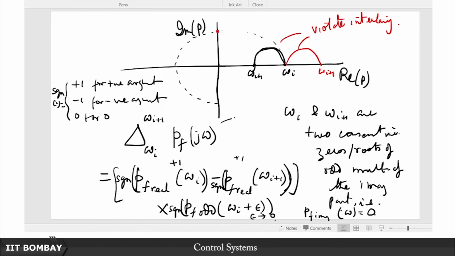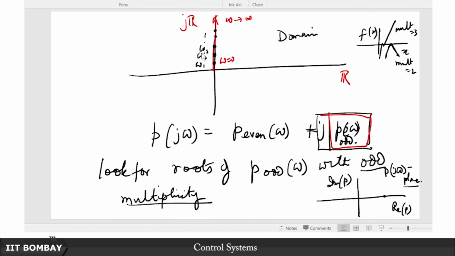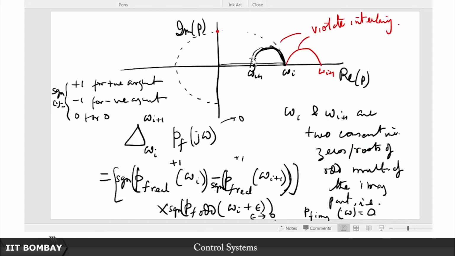So this then turns out to be 0, and indeed if you look at the total phase change, up until this point the phase kept increasing and then the phase kept decreasing. So in going from omega i to omega i plus 1, that is from omega 1 to omega 2 here, this total phase change is net equal to 0.